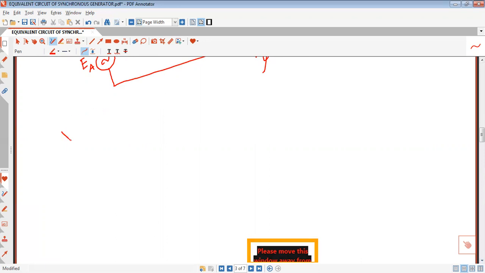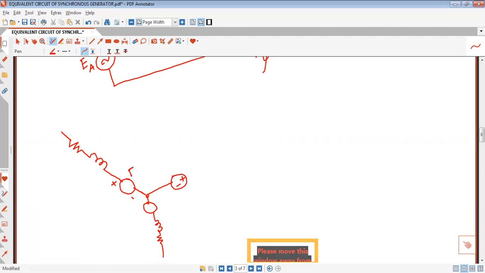I am going to draw the circuit for three phase, star connected, with positive and negative terminals.